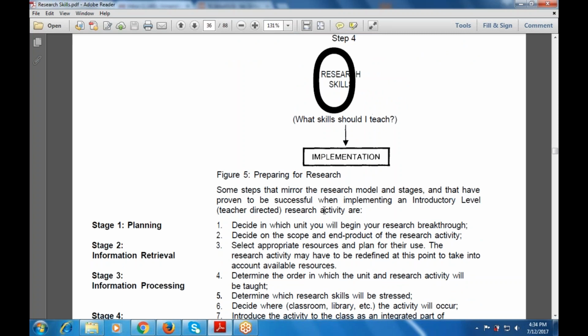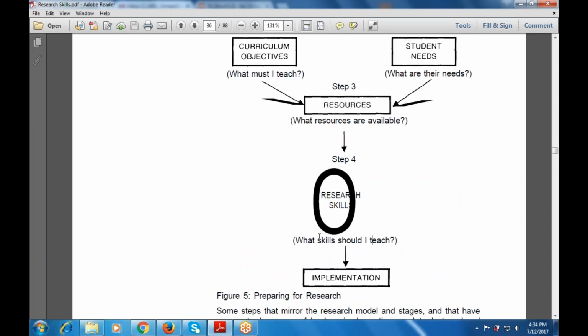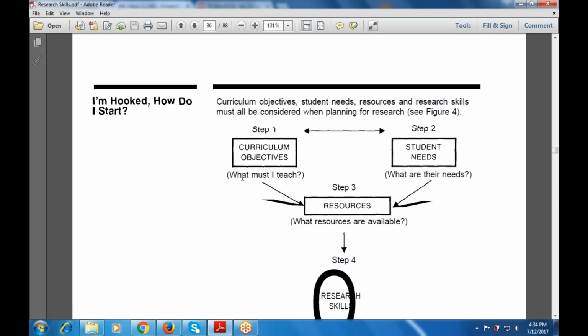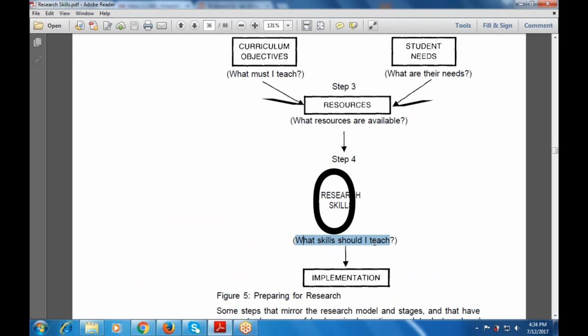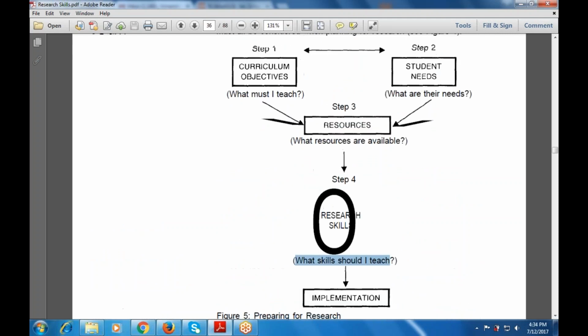So first is the curriculum objectives: what must I teach? What are their needs? What resources are available? What skills should I teach? That is the research skills.